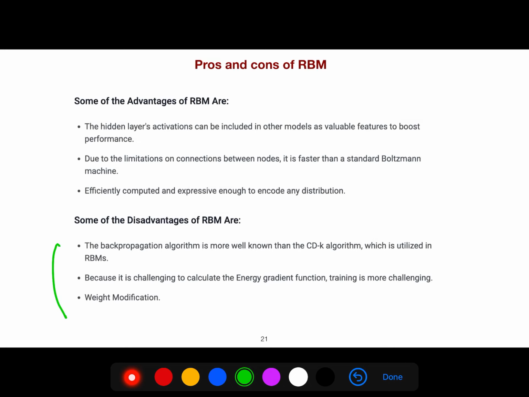The cons are that backpropagation is more well known, and historically it is much easier to use. And secondly, because it is challenging to calculate the energy gradient function, training is more challenging. As you saw, we use lots of tricks, contrastive divergence, and those things that biology doesn't believe. And weight modification, this is a disadvantage.